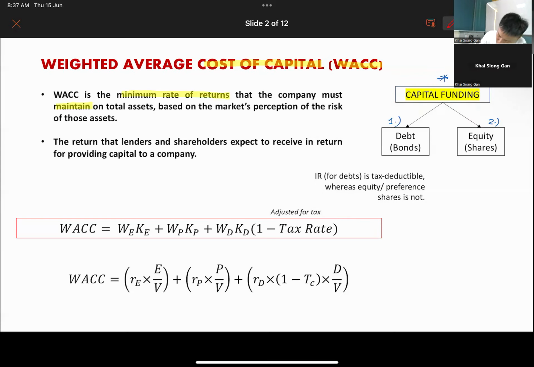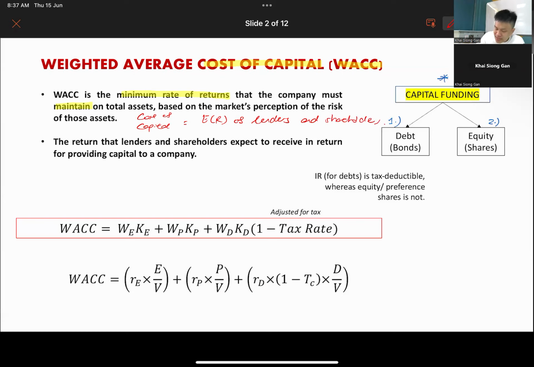So in other words, when I say cost of capital to a business, we are referring to the two different ways for a business to raise finance: the expected returns of lenders who purchase the bonds of the company, and shareholders who purchase the equity, the shares of the company.